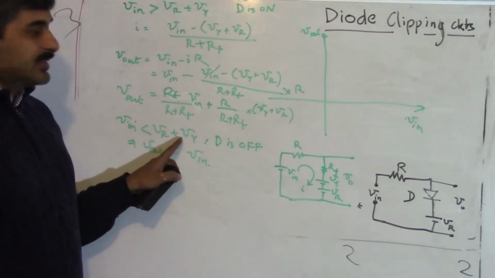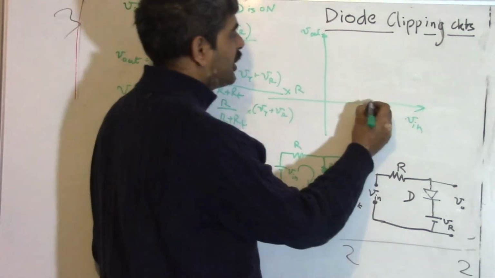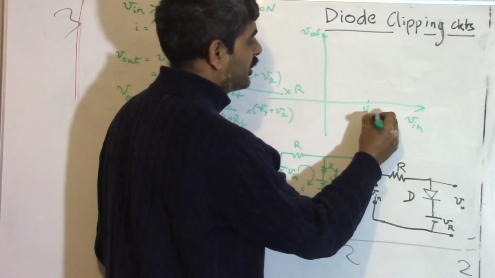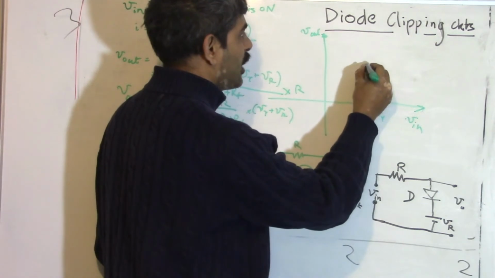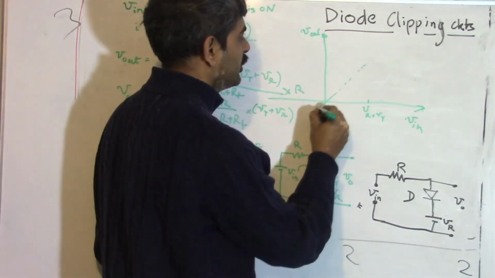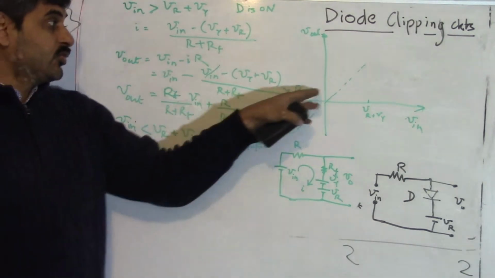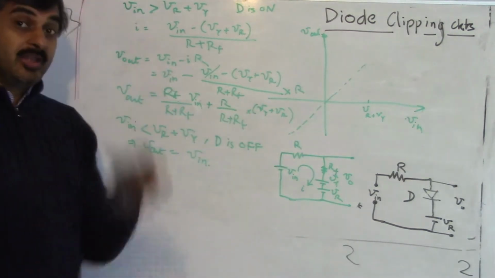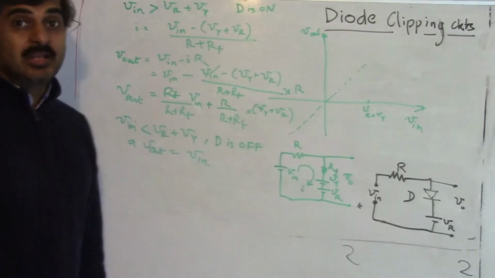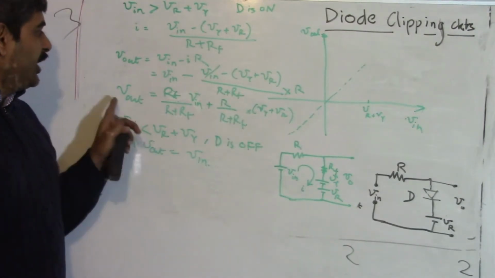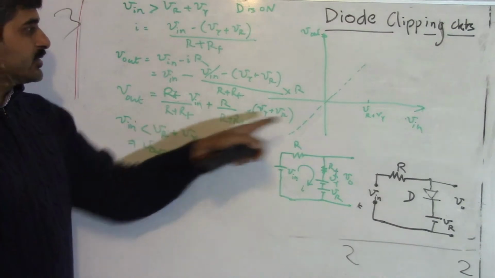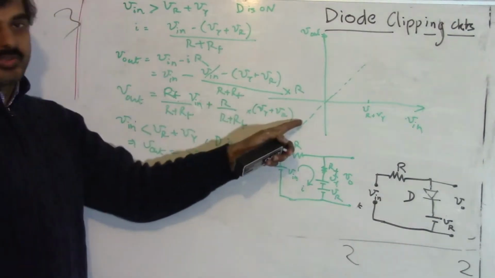When V in is less than VR plus V gamma, let's say VR plus V gamma is marked somewhere here, the output voltage simply follows the input voltage. It has a slope of unity, so this line makes 45 degrees with the x-axis, which is V in. And when V in becomes more than VR plus V gamma, we have this equation.